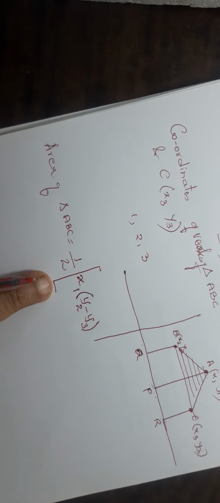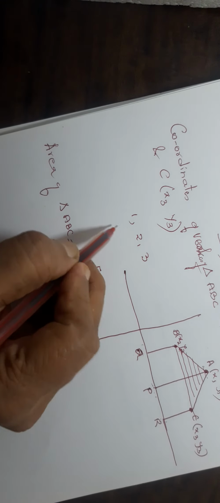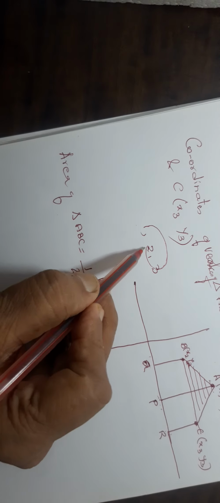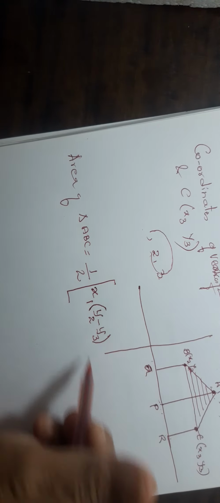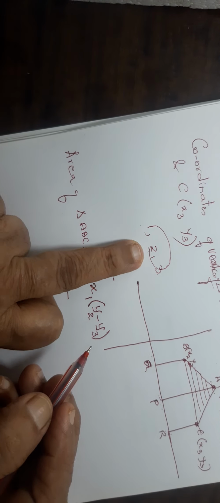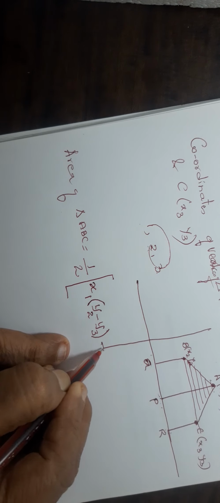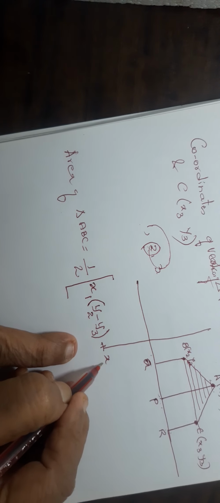See what the meaning is: 1, 2, 3, then 2, 3, 1, then 3, 1, 2 in cyclic order. Now if it is x1, then the y terms will be y2 minus y3. Plus next I will take x2.